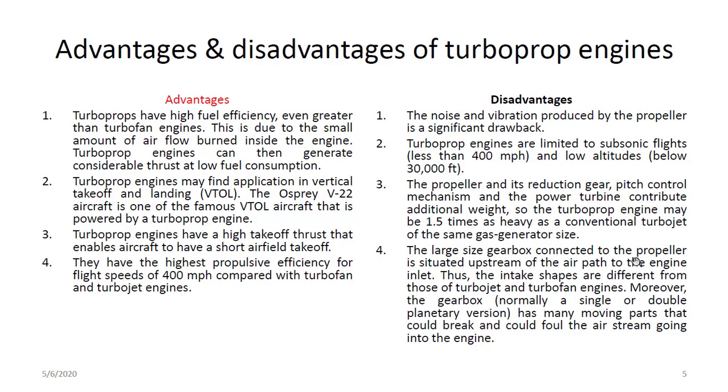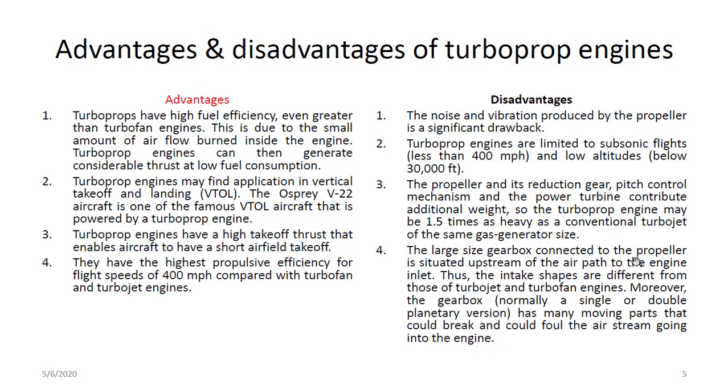For the same amount of thrust, you require less fuel. These engines are also suitable for vertical takeoff and landing, and the Osprey V-22 is one aircraft that uses turboprop engines.